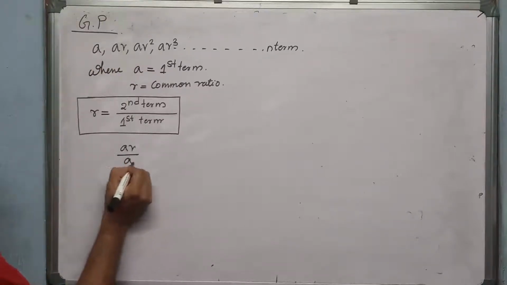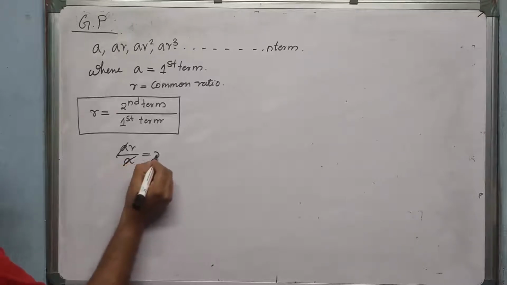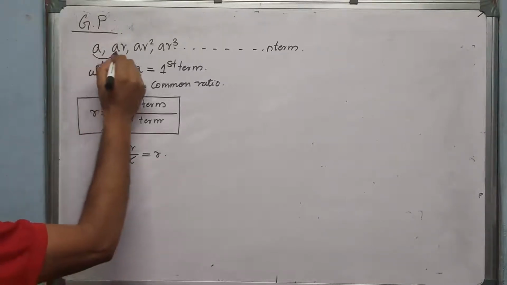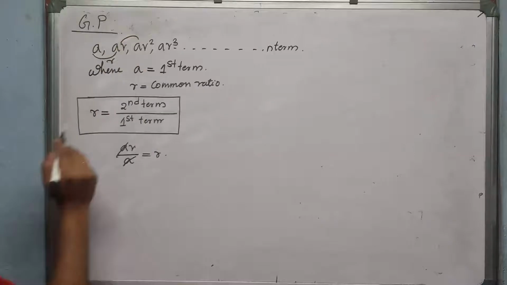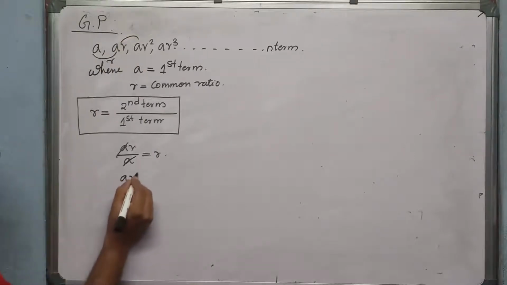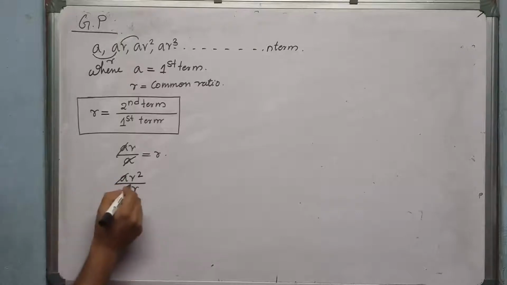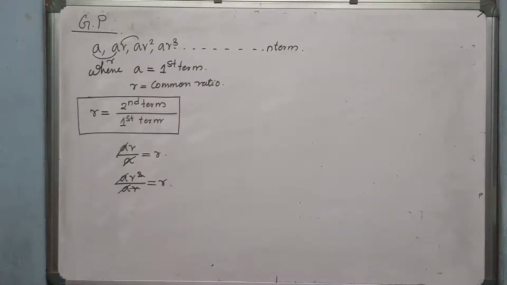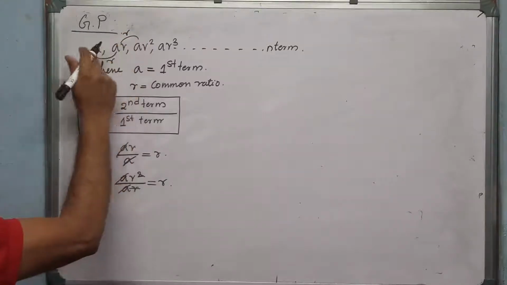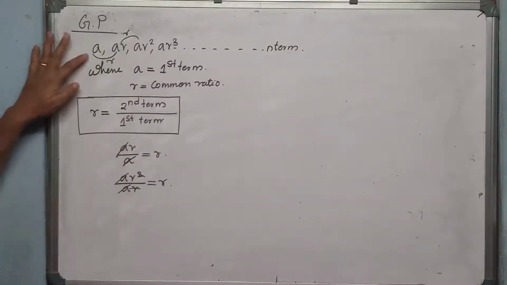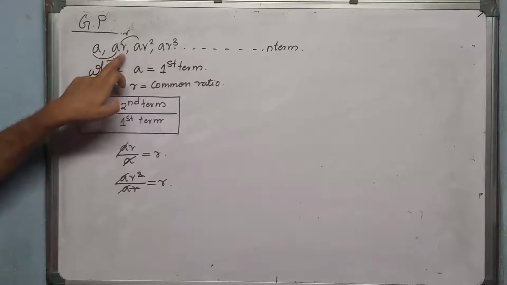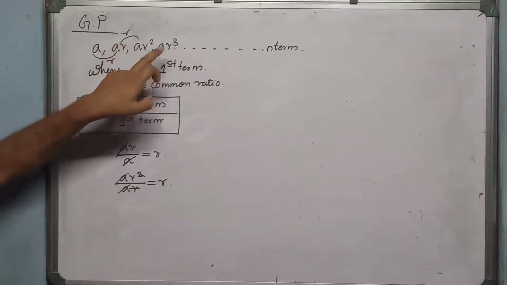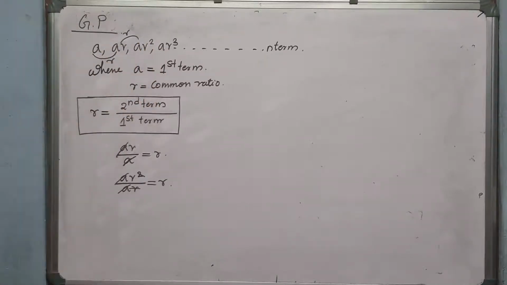AR divided by A, the ratio is R. Similarly, if I divide AR square by AR, third by second, what will we get? R. That means the ratio of second and first is R. The ratio of third and second is also R. The ratio of fourth and third is also R.